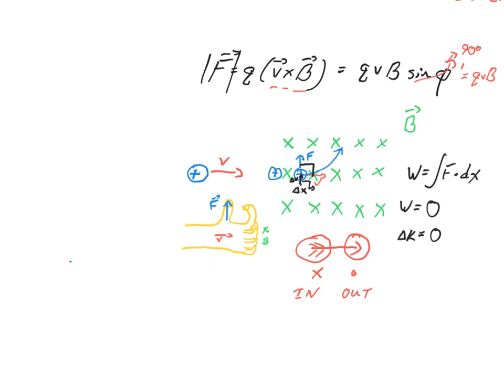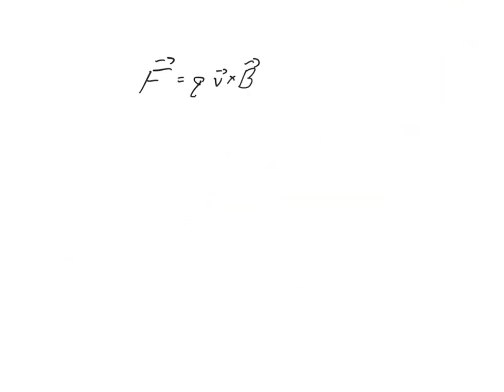One last comment is, what if we don't have a nice force at right angles to our magnetic field, or we don't have a nice angle well defined between our velocity and our magnetic field? What if that is not easy to find?